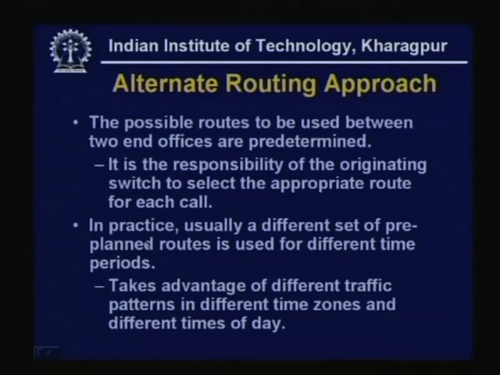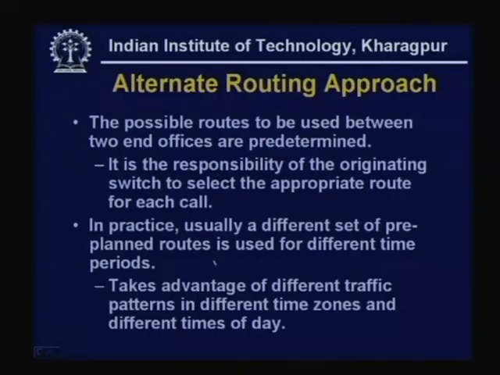And in this case, in practice, usually a different set of pre-planned routes are used for different time periods. For example, in the morning periods one route is established, in the evening periods another route can be established, depending on the traffic condition and different parts, and that can be decided based on history and statistics. So, it takes advantage of different traffic patterns in different time zones and different times of day.